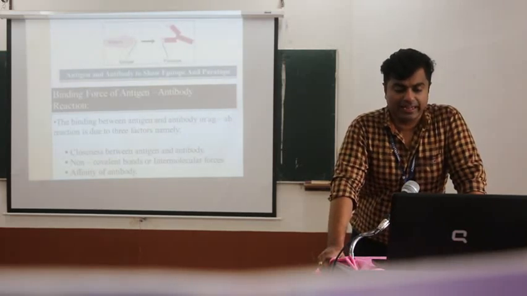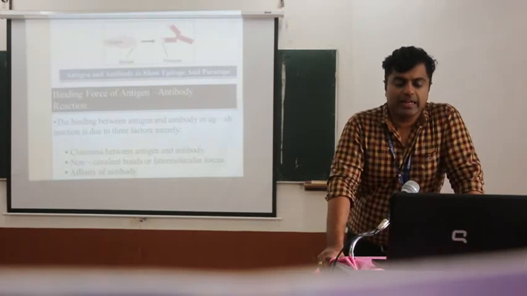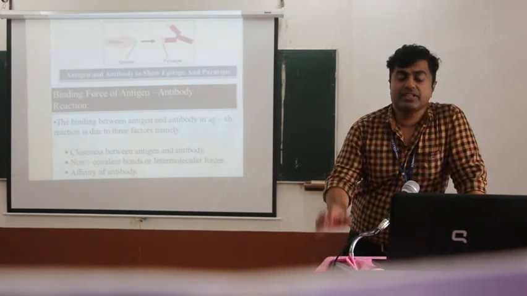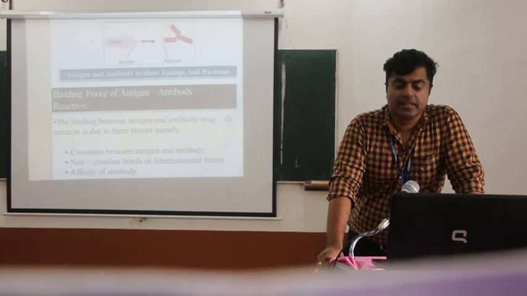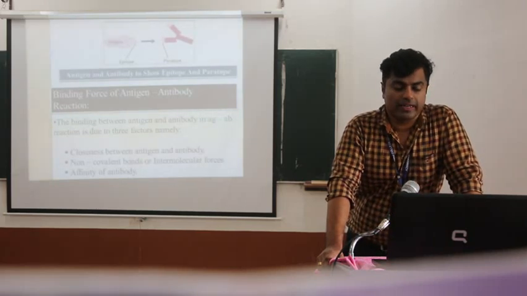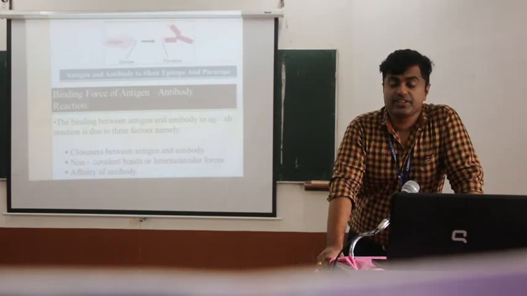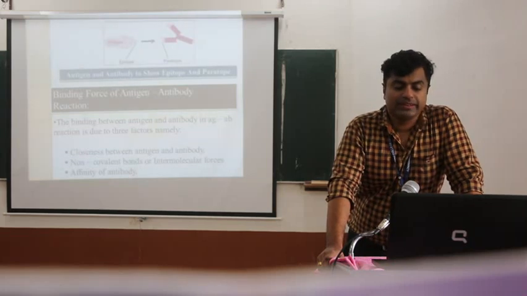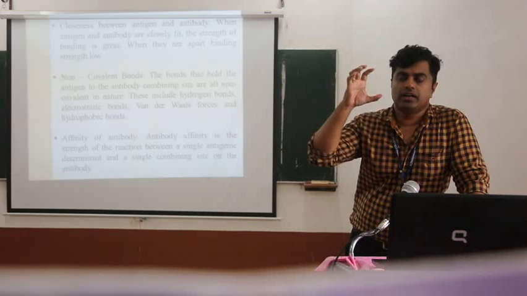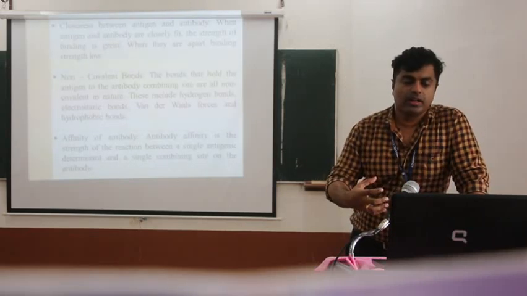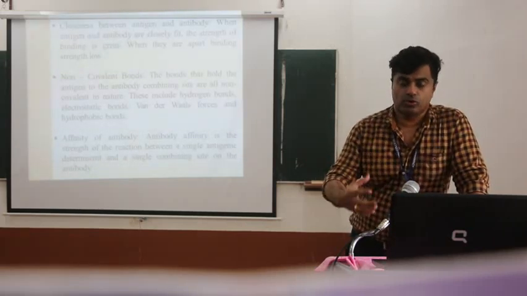Then binding force of antigen. The binding between the antigen and antibody is due to three factors. First one is closeness, second one is non-covalent bonds, and the third one is affinity of the antibody. When the closeness of the antigen and antibody is more, the strength of binding is more.